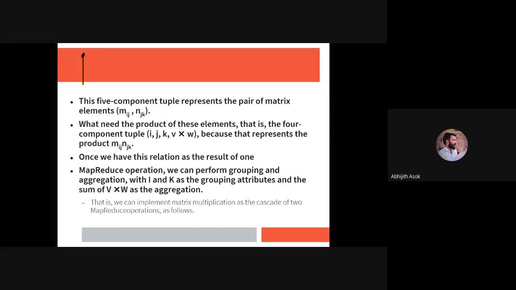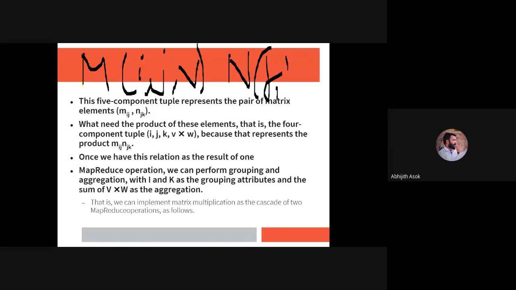M consists of i, j and v, and N consists of j, k and w, and j is common. J is common here, in both matrices. So the five-component tuple represents Mij and Njk.